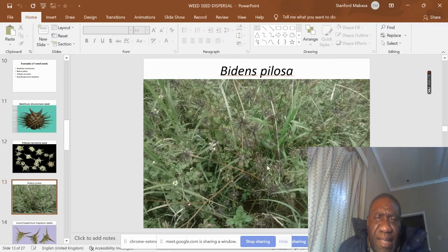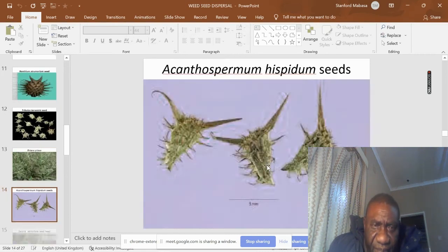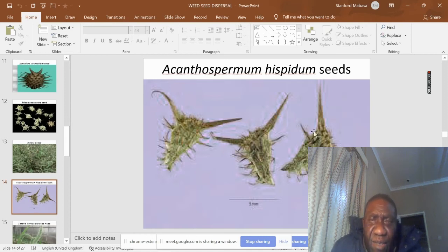It has seed heads with hooks, so it can easily get attached to animal skin or even to human clothes. This is Acanthospermum hispidum seeds. Notice these hooks, and these hooks enable the seeds to get attached to animal skin.